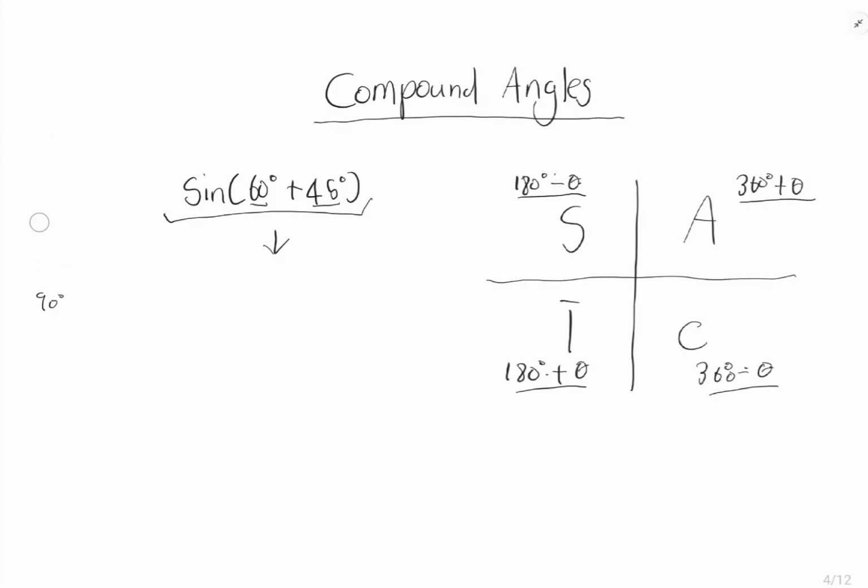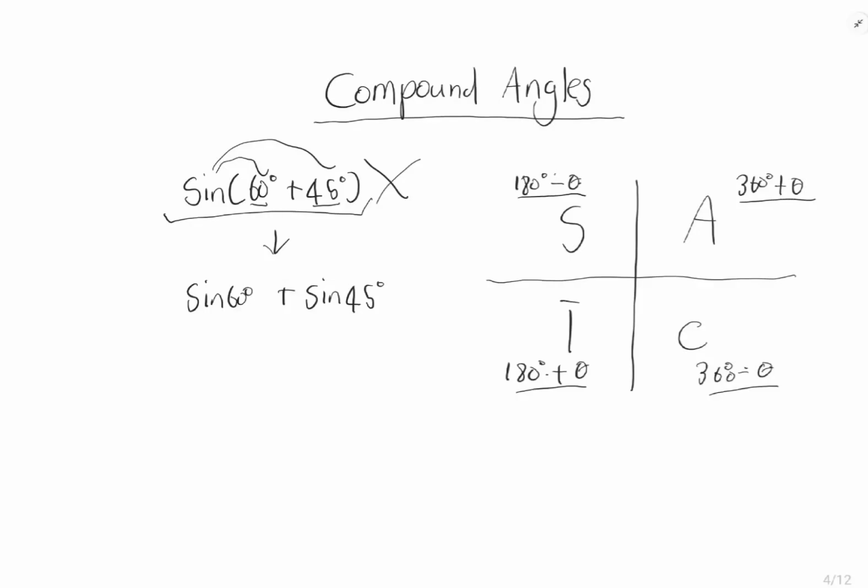We cannot simply say sine of 60 plus 45 degrees is sine 60 degrees plus sine 45 degrees. No, that is not how it works. You're essentially just multiplying the ratio, and it's completely wrong.